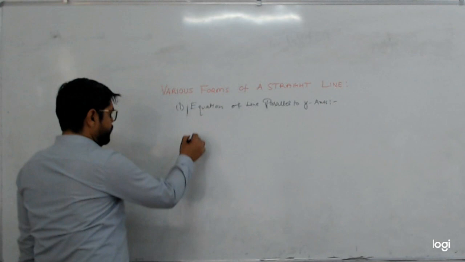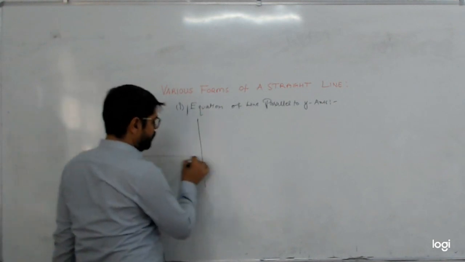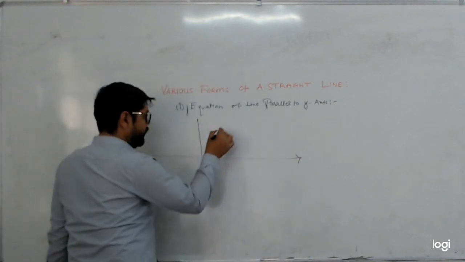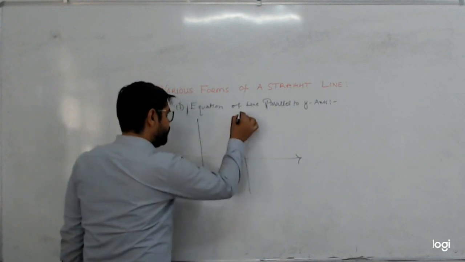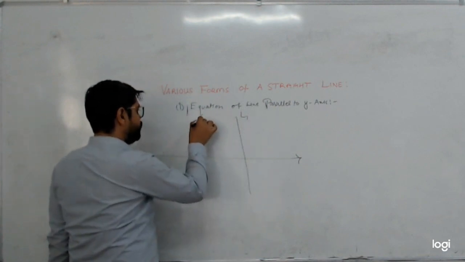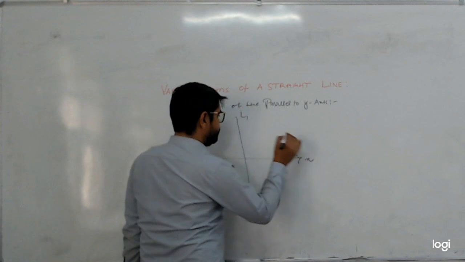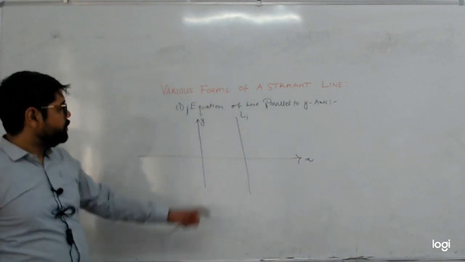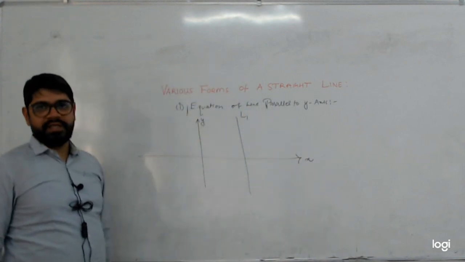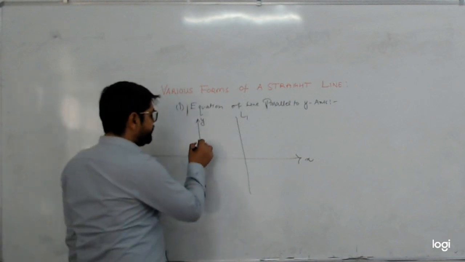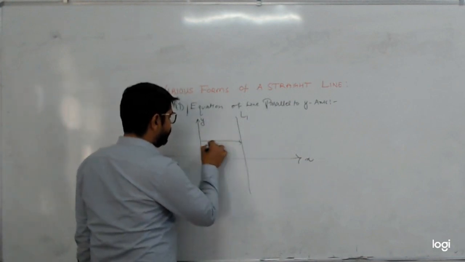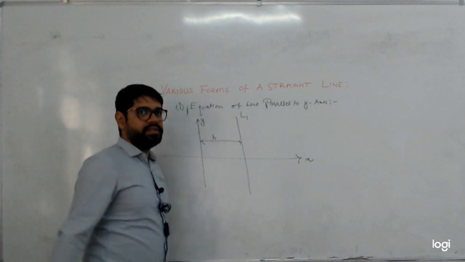So let this be your coordinate system and I'm given a straight line L1 which is parallel to the y-axis. Now since L1 is parallel to the y-axis, let us suppose it is at a distance of b units from the y-axis.